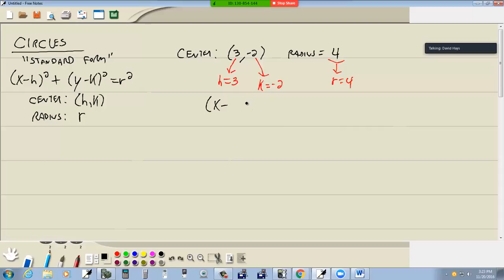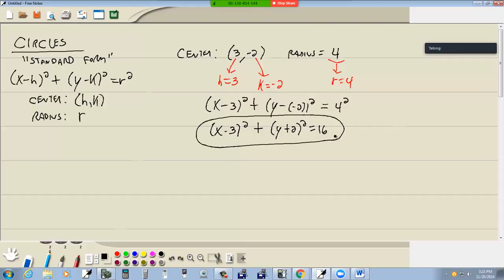So I got x minus h is 3 squared, plus y minus k was -2 squared, equals r squared, so that's 4 squared. So I got x minus 3 squared plus y plus 2 squared is equal to 16. And that'd be our standard form.